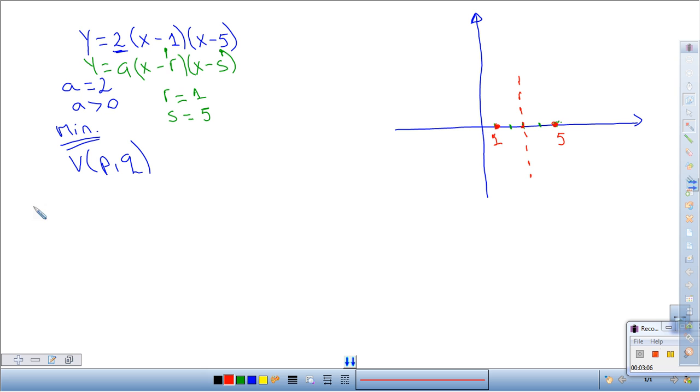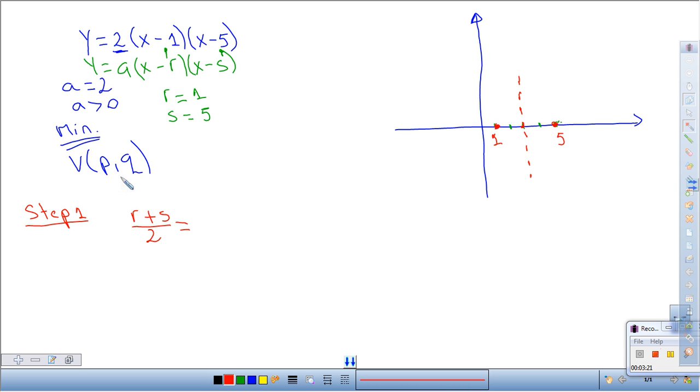So, step number 1, we're going to average the two x-intercepts to find the axis of symmetry. Now, in the vertex point, which of the two variables gave us the axis of symmetry?